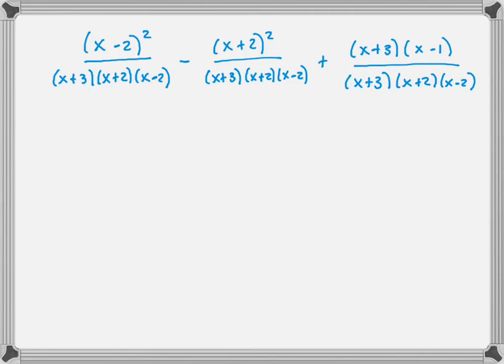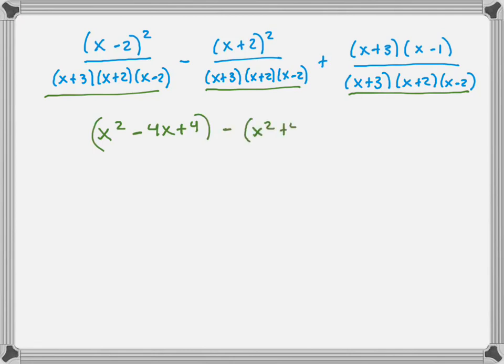Now, as you can see here, these all have the same denominator now, which means that we can combine them, which is good. So we're going to start by just combining the top. So I'm not even going to worry about the denominators for now. So we have x squared minus 4x plus 4 minus x squared plus 4x plus 4 plus x squared plus 2x minus 3.